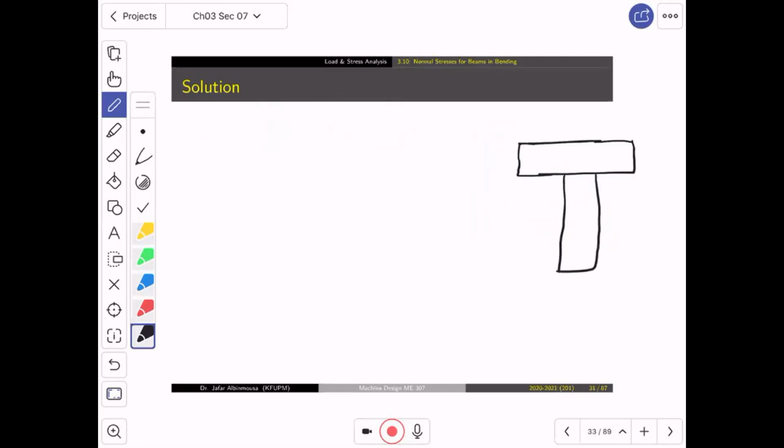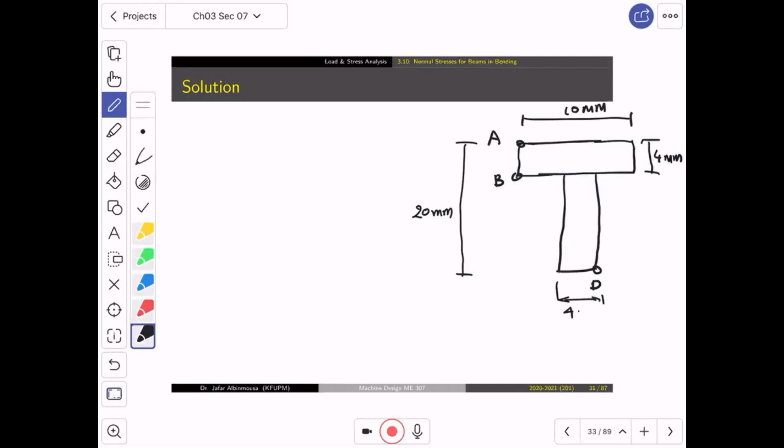And this is point D, this is point B, and this is point A. Now, this one is how much? 10 millimeter. This one is 4 millimeter. And the distance from here to there is 20 millimeter. Now, you probably forgot that this one is 4. You probably forgot this, but let's see how far you can remember.